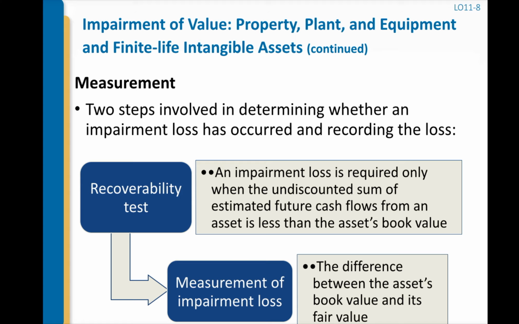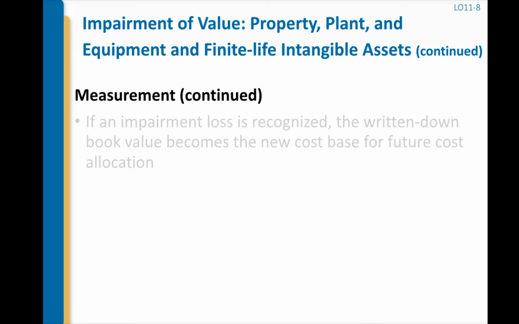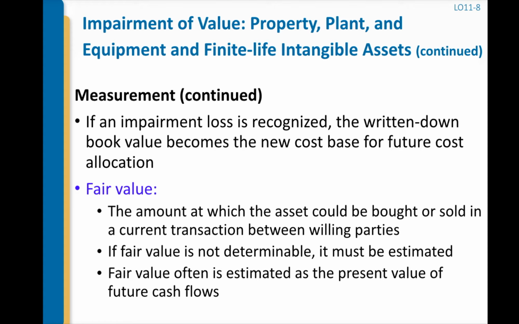These are the steps that you take in determining whether an impairment loss has occurred and when you are reporting the loss. If a loss is recognized for impairment, the written down book value becomes the new cost base for future cost allocations.